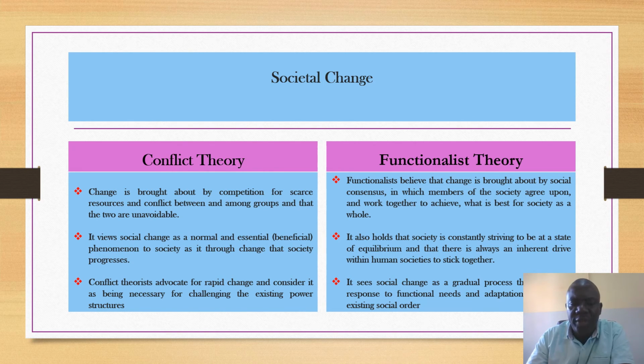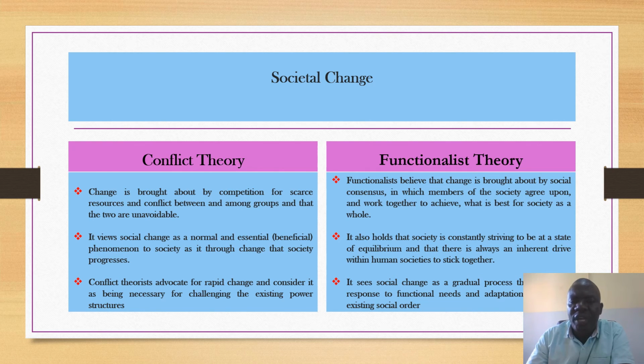For conflict theory, change is brought about by competition for scarce resources and conflict between competing groups. While for functionalism, change is brought about by consensus and agreement among members of a given society. Again, for conflict theory, they prefer rapid and revolutionary change.